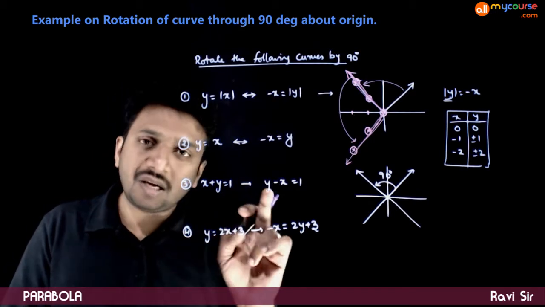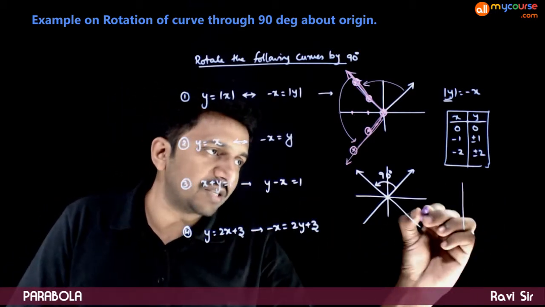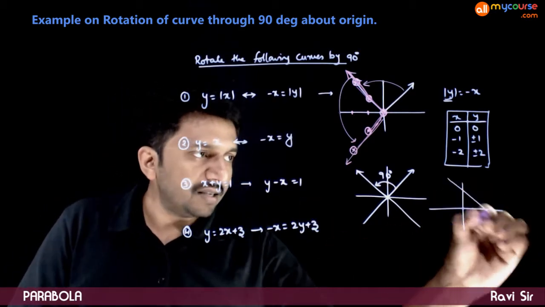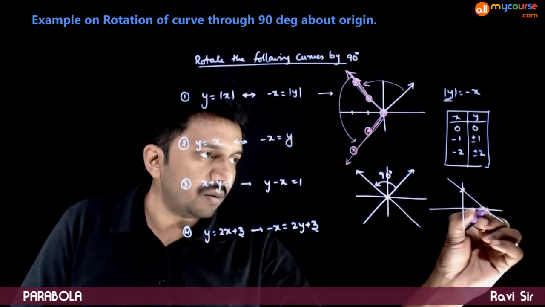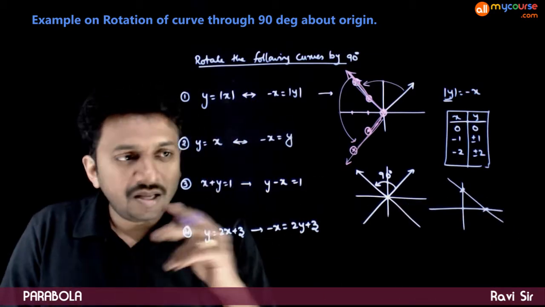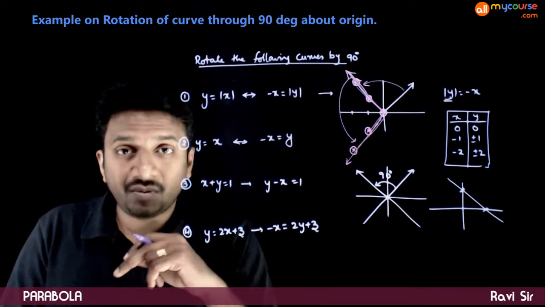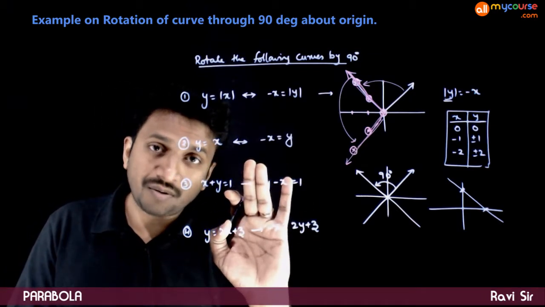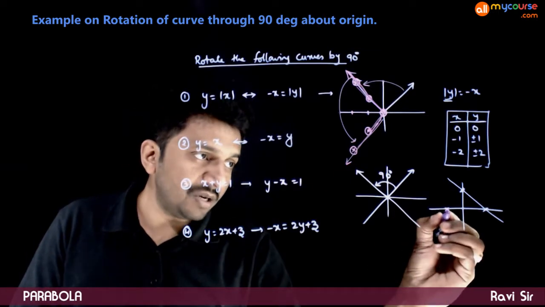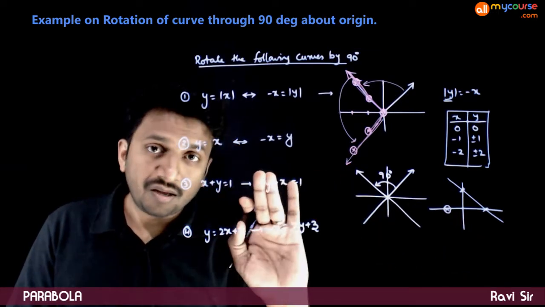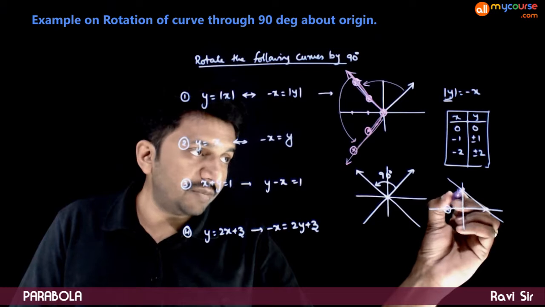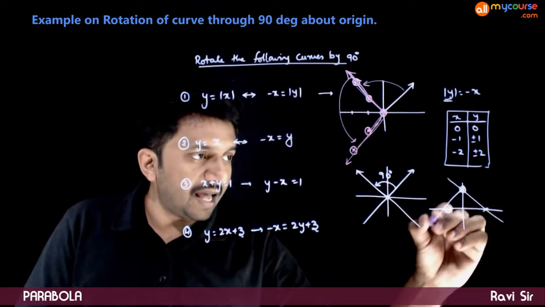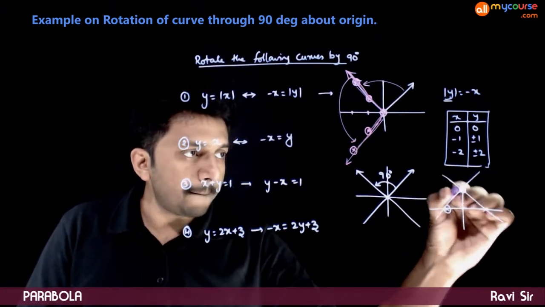Now x plus y is equal to 1. So how does x plus y is equal to 1 look like? The intercepts are 1 and 1. Now what is y minus x is equal to 1? If you put y is equal to 0, the x-intercept is minus 1. If you put x is equal to 0, the y-intercept is 1. The line has become like this.